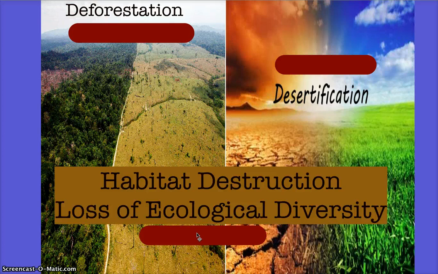How about desertification? Same thing, just describe desertification first. What happens? You could say overgrazing of animals. What does overgrazing do that causes desertification? You're eating all of the grass before it has a chance to replenish.